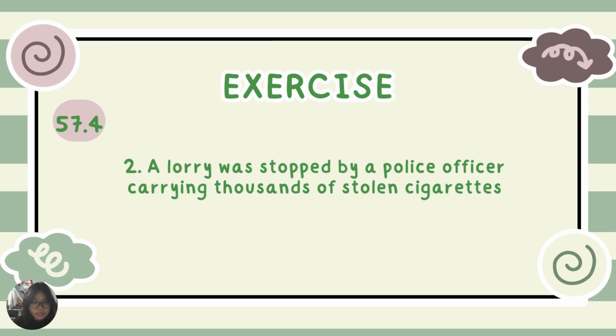Next sentence: a lorry was stopped by a police officer carrying thousands of stolen cigarettes. The ambiguity in this sentence is that the police officer didn't carry thousands of stolen cigarettes, but the lorry was the one carrying them.